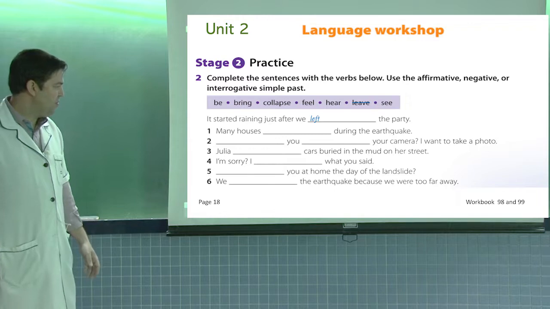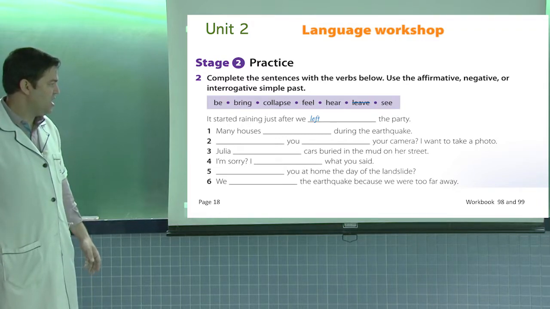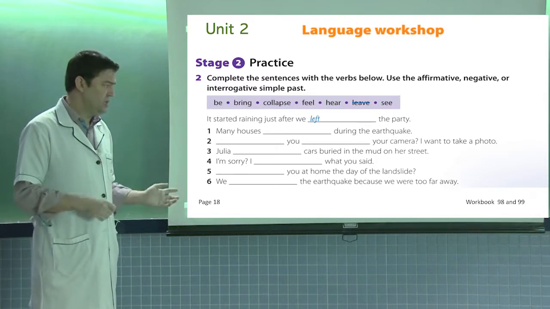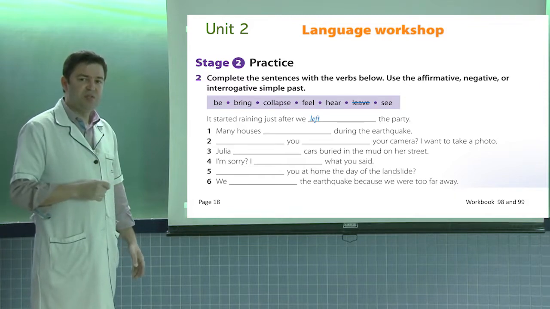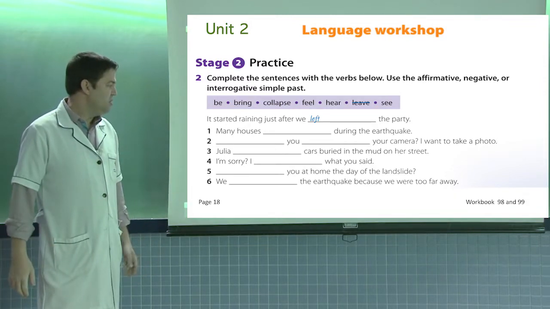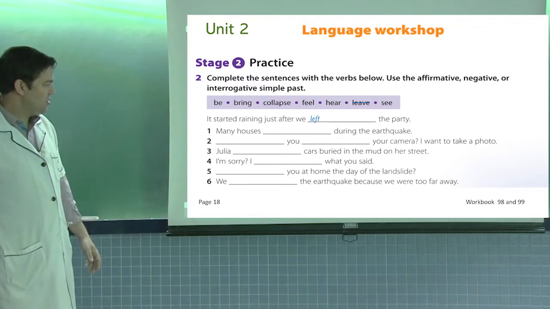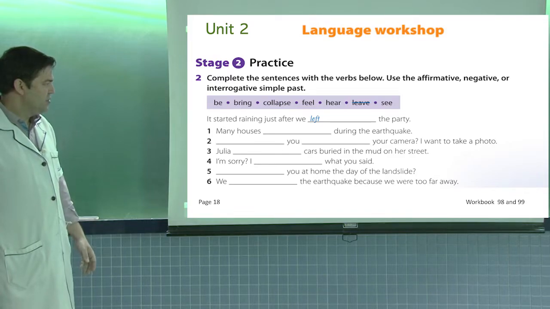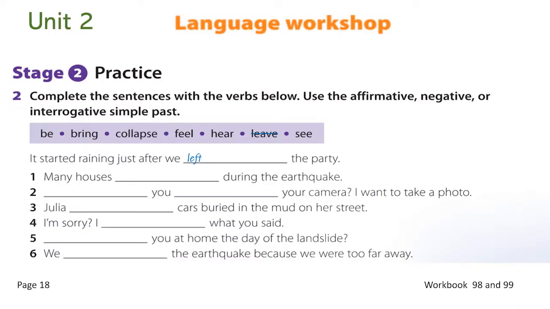So here the first example: it started raining just after we left the party, okay? And if you didn't do the activity, stop the video and do the exercise. If you have already stopped it and are here with me, then we're going to continue. So, my house during the earthquake, right? Something happened during an earthquake.